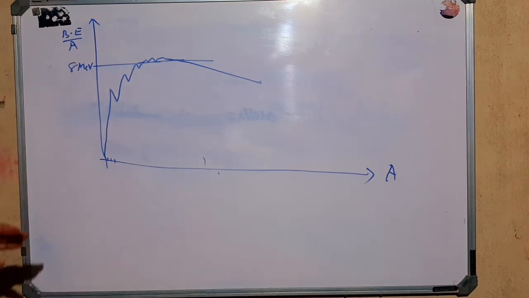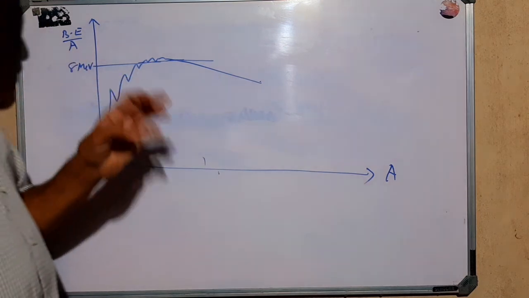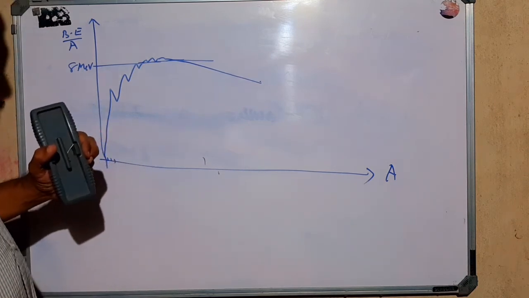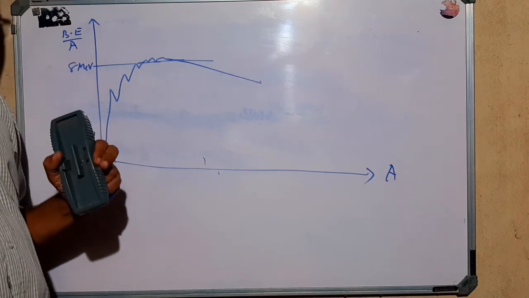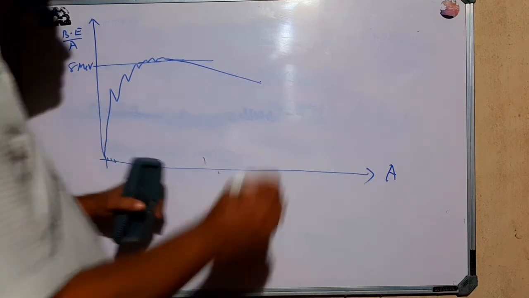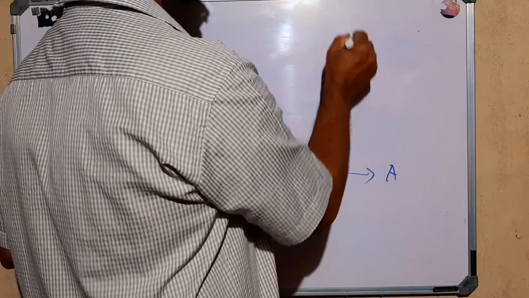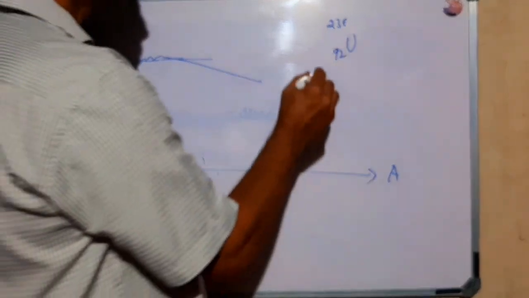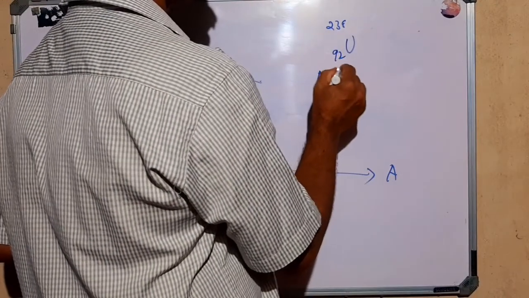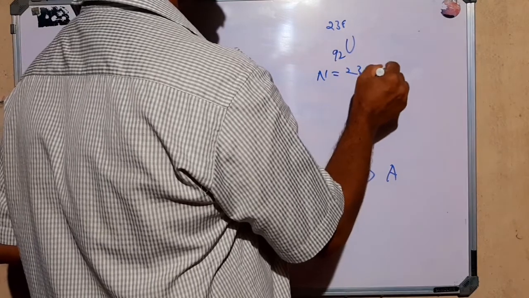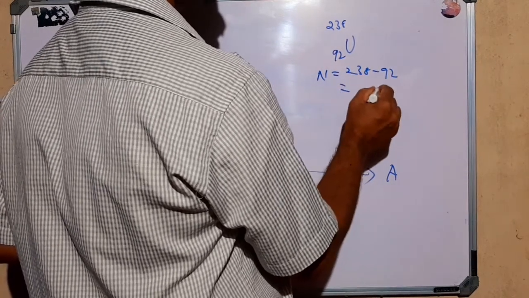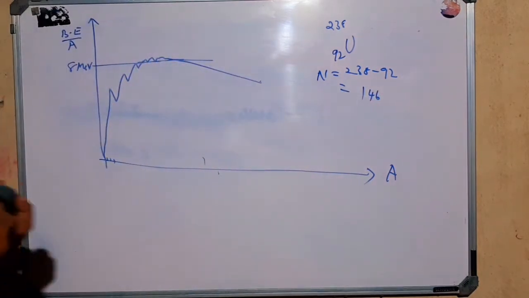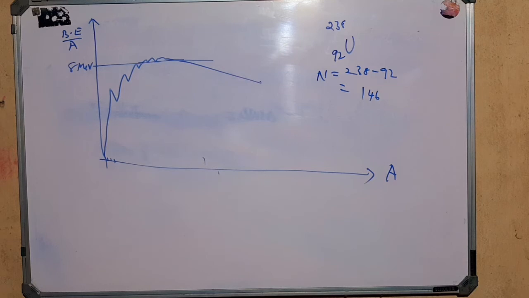And also, when you consider the higher mass number elements, here you can observe the neutron excess. Say, when you consider uranium 238 with 92 protons, what is the neutron number? Neutron number is equal to 238 minus 92 proton number, that is 146.